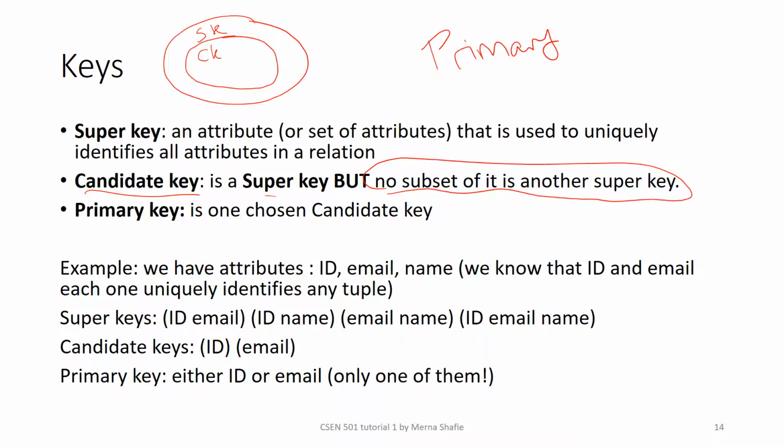Fine؟ يعني لو انا معايا set of attributes كل واحد فيهم is not a super key، مع بعض هما super key however كل واحد منهم لوحده is not a super key, then this is called a candidate key.